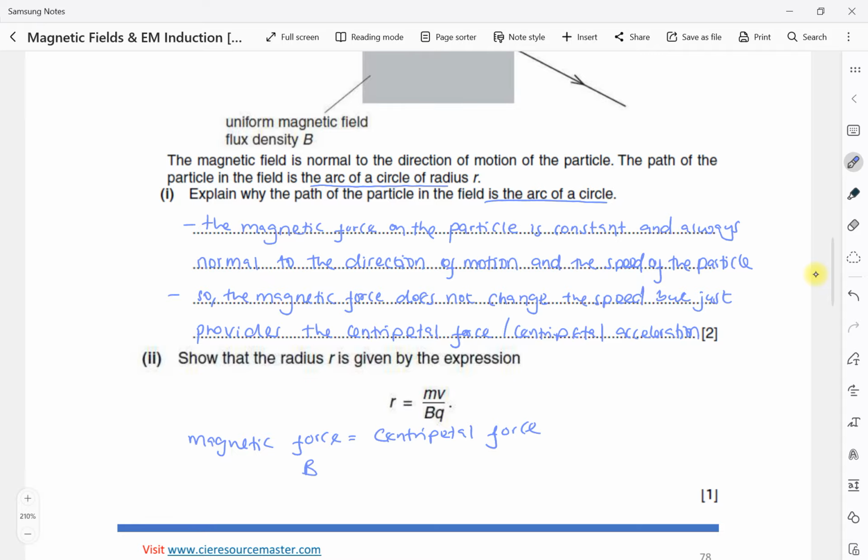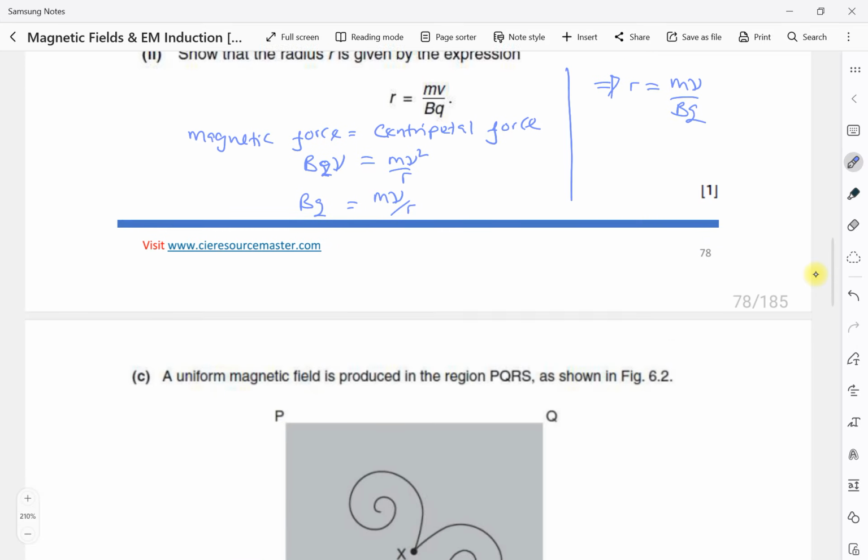Therefore, we equate BQv equated to mv squared over r, which means that Bq is equal to mv over r, which implies that r equals mv divided by Bq, as required.